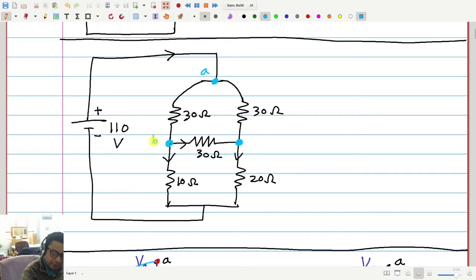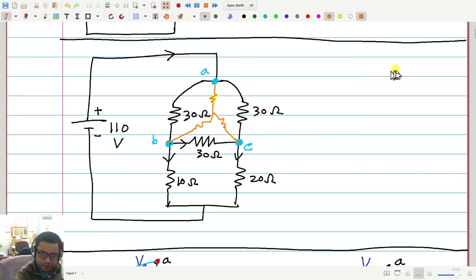You can call them A, B, and C. We will convert these three resistances connected in delta into a star configuration as follows. So we will remove this original 30 ohm resistances and replace them with new resistances like this.